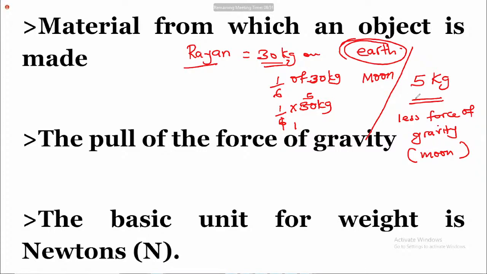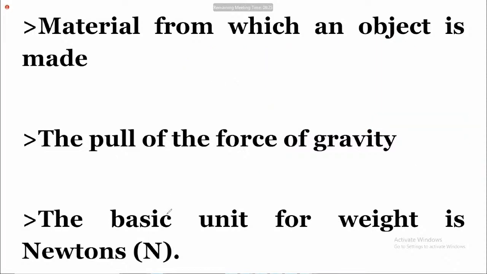When we take him to the moon, only 5 kilograms. Your actual weight will be divided by 6 to get 5 kilograms. So take note: wherever you go far away from Earth, your weight will reduce.